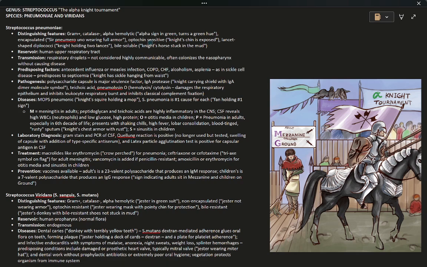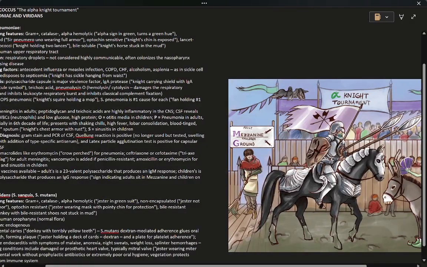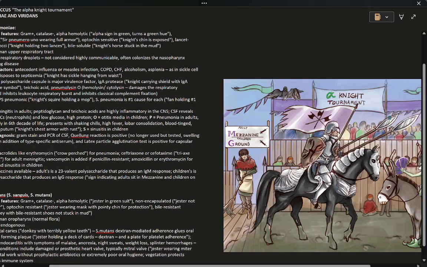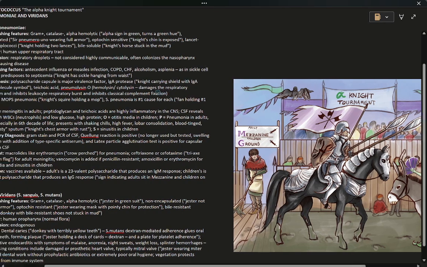It is also optochin sensitive. So think about the knight's chin being somewhat exposed, kind of over here, and that is why the bacteria is optochin sensitive. It is also a lancet-shaped diplococci, so the knight is holding two lances over here, and it symbolizes that the bacteria is a diplococci, or double cocci, that are lancet shaped.